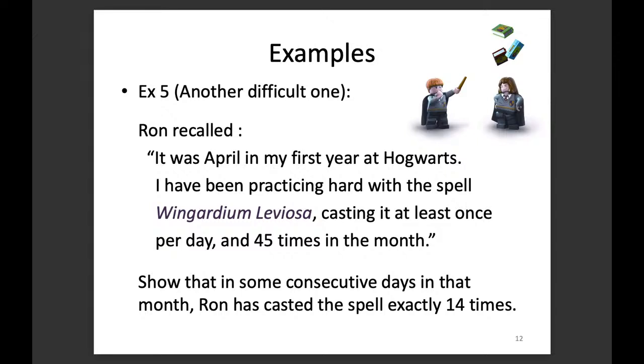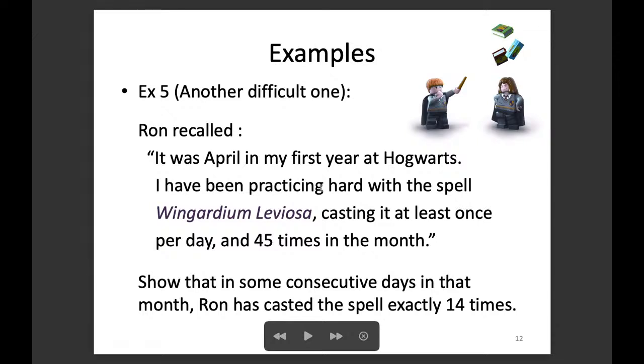So in this example, let's say we are listening to the Harry Potter characters chatting with each other. So one of them is Ron, and Ron is chatting with his classmate. So Ron said, "It was April in my first year at Hogwarts.